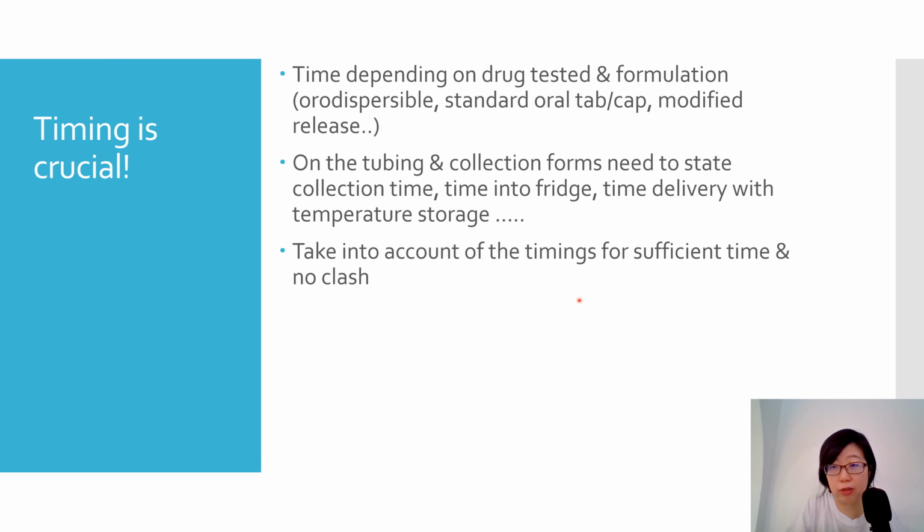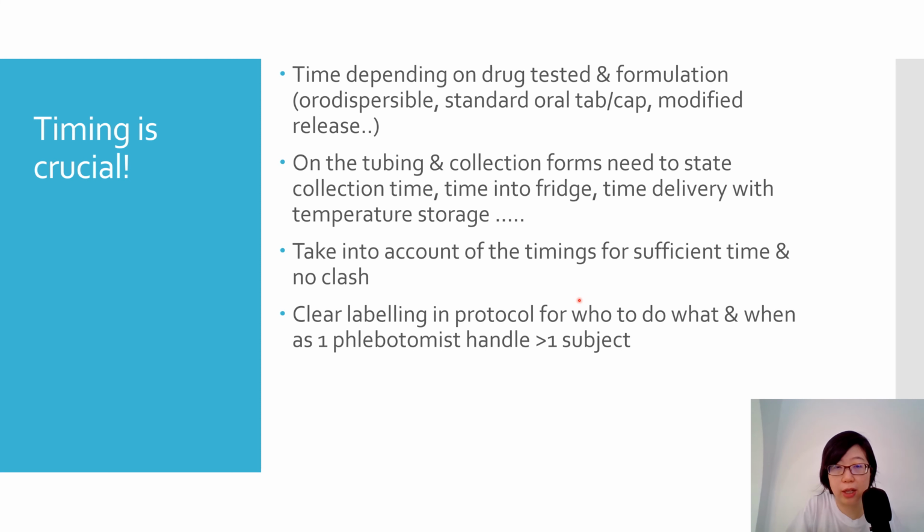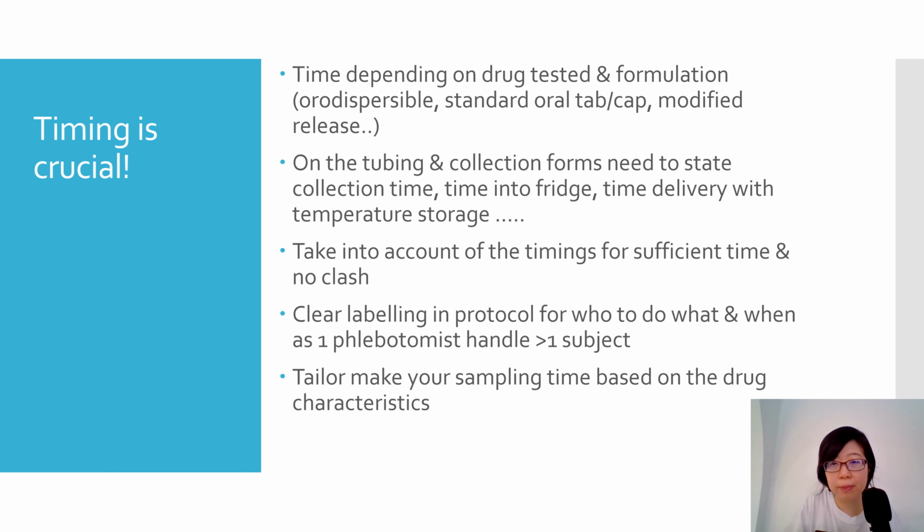And there's no clashing of time points. Okay, so you have to label very clearly in the protocol to make sure there's no confusion, right? So the person knows exactly when to do what. So that's the whole thing that you need to answer. And again, you have to tailor-make your whole time frame, right?